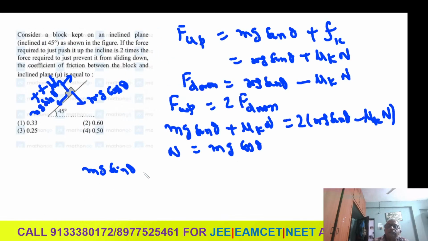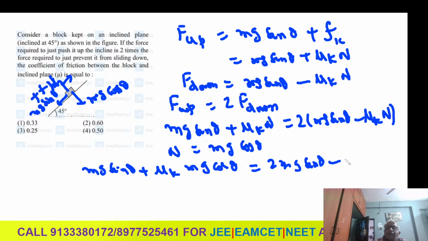mg sin theta plus mu k mg cos theta. Normal reaction is not always mg; on an inclined plane it is mg cos theta. So equals 2 mg sin theta minus 2 mu k mg cos theta.